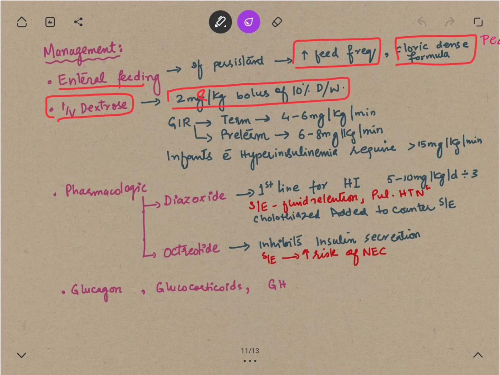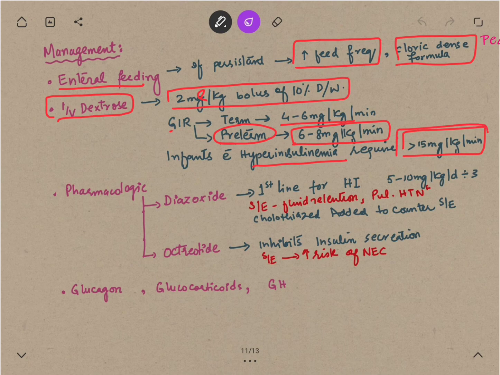Now in a term infant, there is a 4 to 6 milligram per kg per minute glucose infusion rate, while in preterm this is increased to 6 to 8 milligram per kg per minute. While infants with hyperinsulinemia require more than 15 milligram per kg per minute glucose infusion.